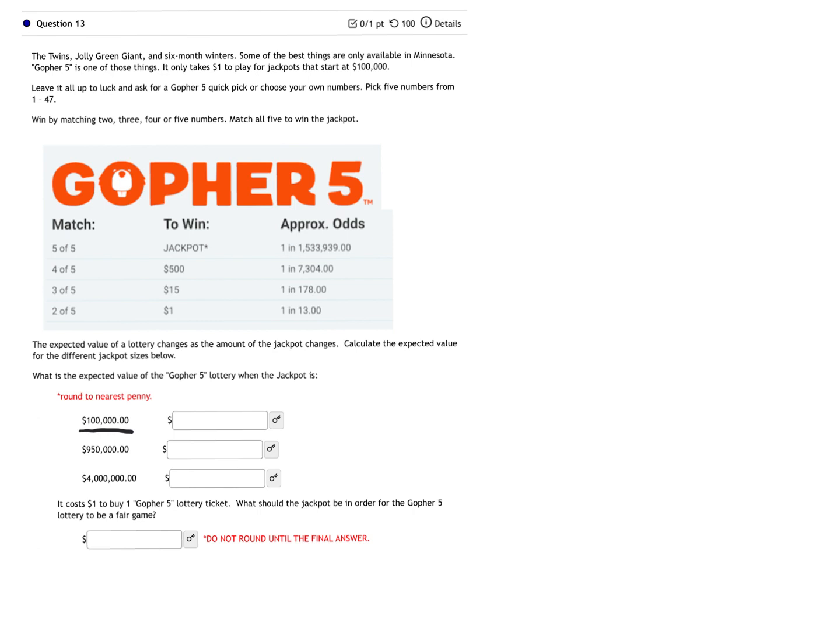So to do that, I'm going to start off by finding the expected value. The expected value is the prize times the probability of winning that prize.